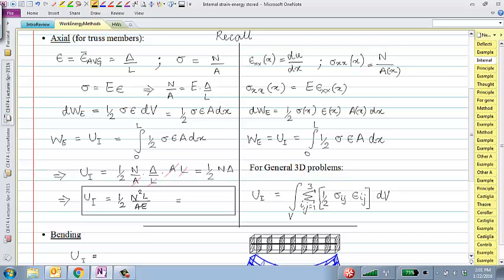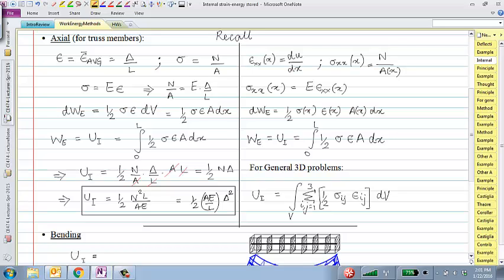This is an expression that I'll expect you to remember or derive in 10-15 seconds when needed. Internal energy stored in a bar is half times N squared L over AE. An alternate expression, if I substitute for N instead, is half AE over L times delta squared.